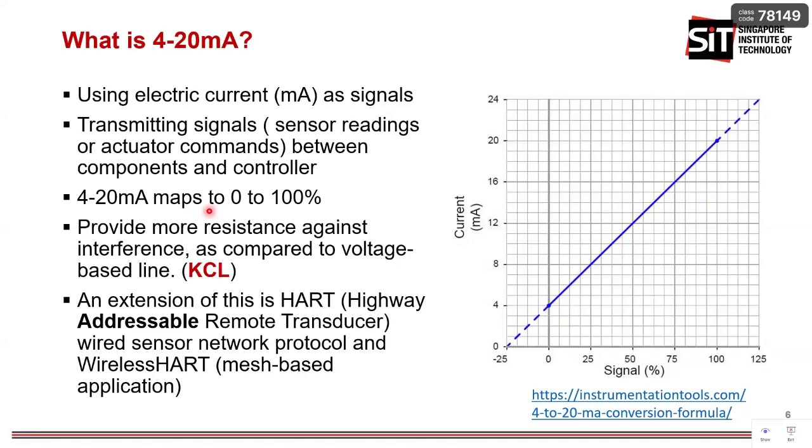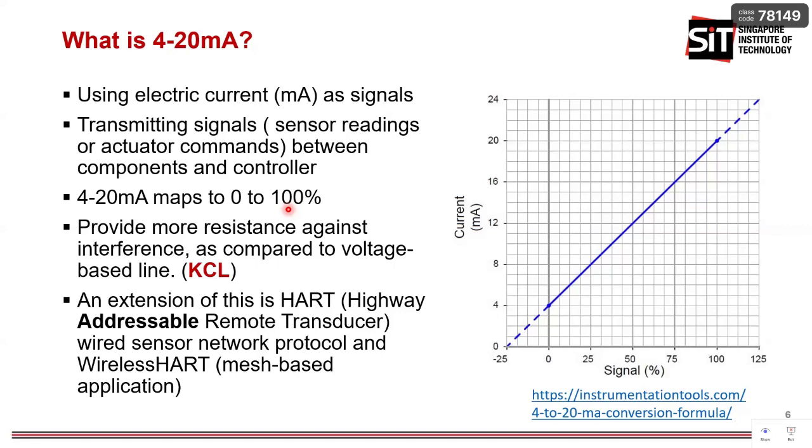For example, it could be talking about temperature. If your temperature range is from 0 to 100 degrees, then this 0 to 100% will be a direct 1:1 mapping. 0% represents 0 degrees, 100% represents 100 degrees. And it can also represent a different range, 0 to 100% representing 0 to 50 degrees Celsius, for example, and then there's a factor of half.